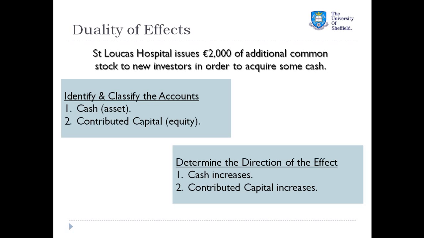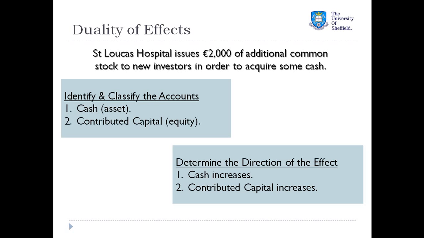And secondly, this means that some new owners are going to contribute capital and become owners. So equity is also going to be affected. So we have two accounts that are being affected by this: cash that is going to come from this additional common stock to new investors, and also equity, which means that new owners will introduce themselves to this entity.